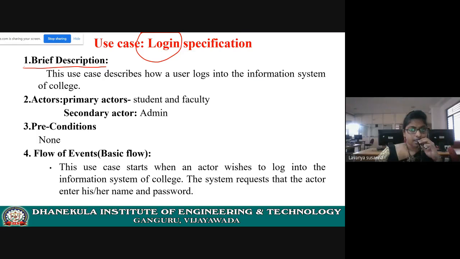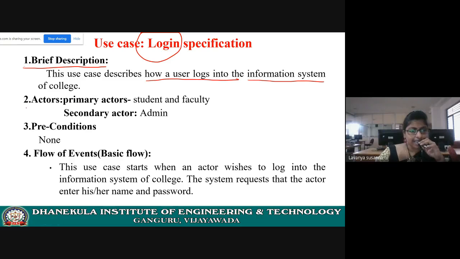We are discussing the application called information system of college, so that's why I have represented it like that. It describes how a user logs into the system.